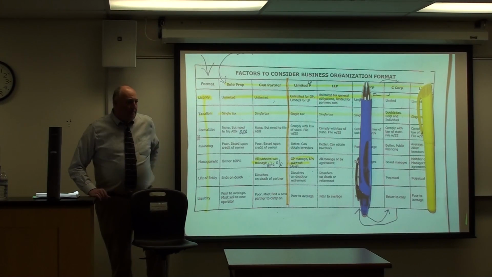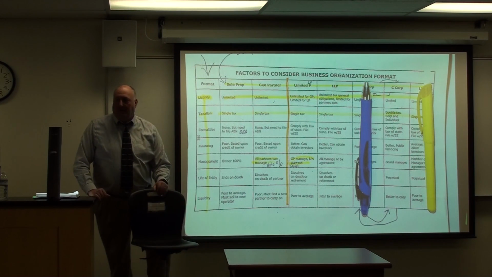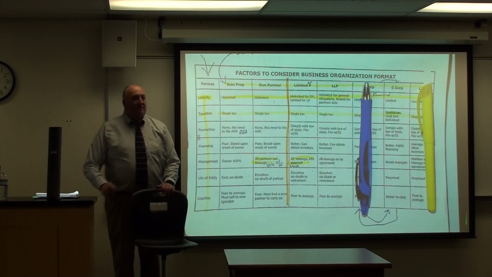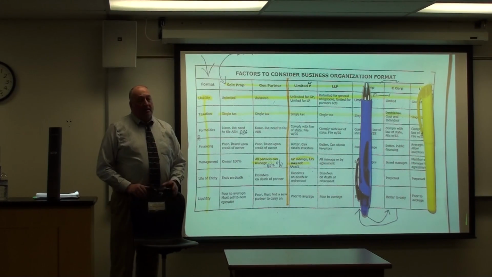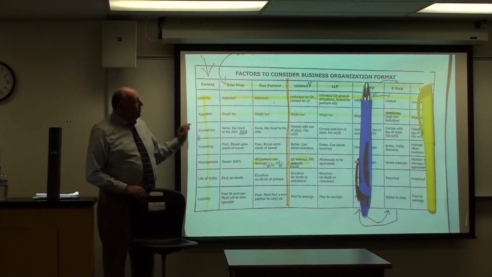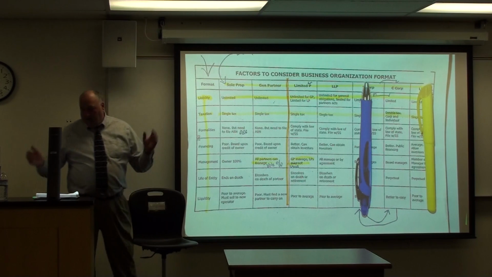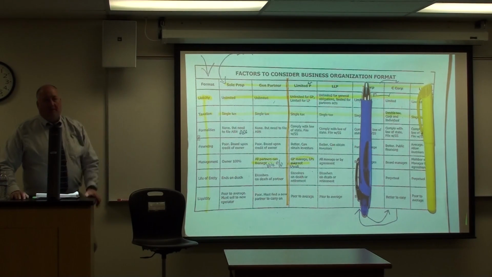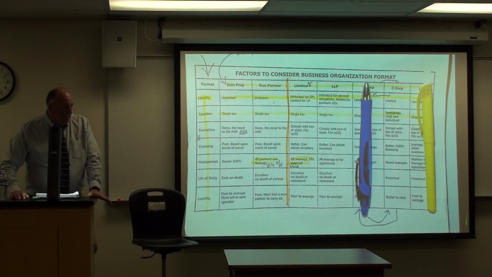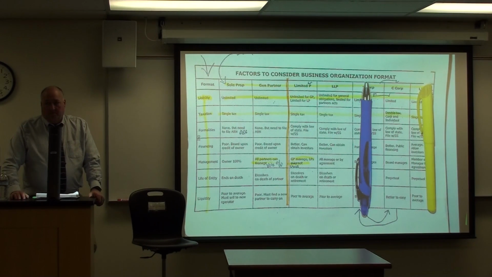S corporations have been around since 1986, if I remember correctly, and LLCs are the mid-1990s. So before then, let's say in 1980, you were one person. You're a farmer, and you wanted to have full liability protection. What were your options? One person as a farmer.